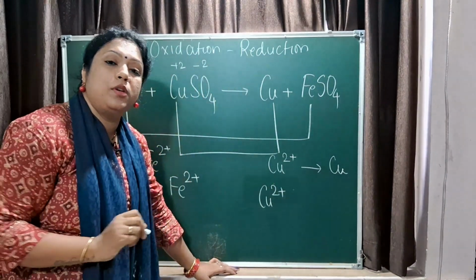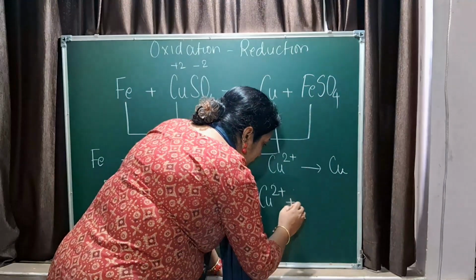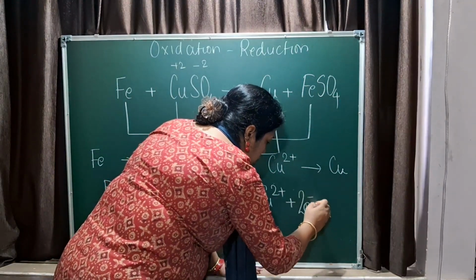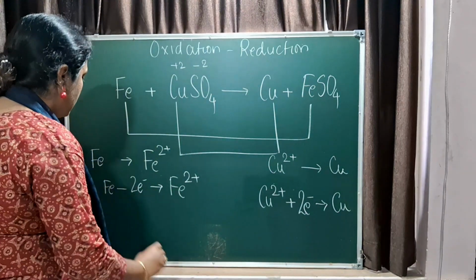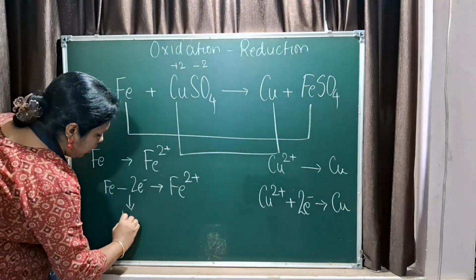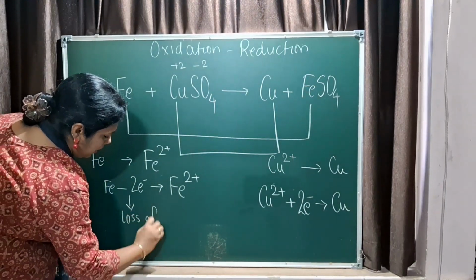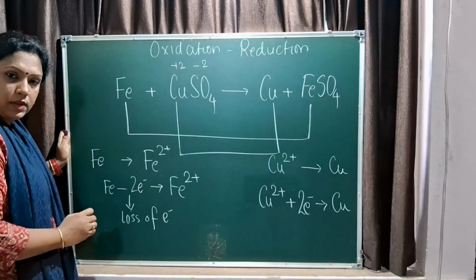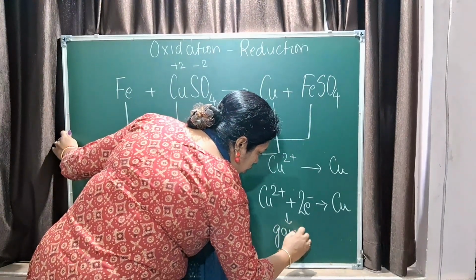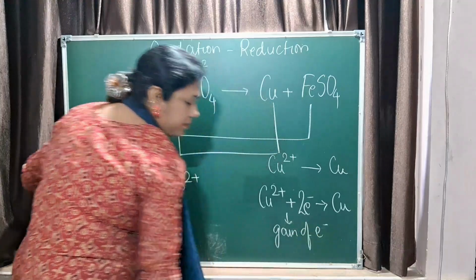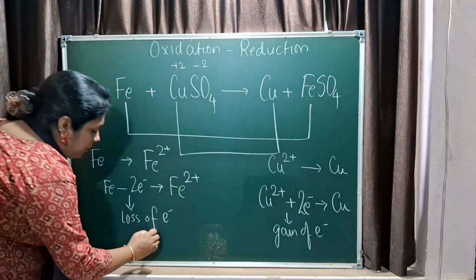In order to become neutral, it acquires 2 electrons to form a metal, correct? So here what is happening? Loss of electron. And here what is happening? Gain of electron.